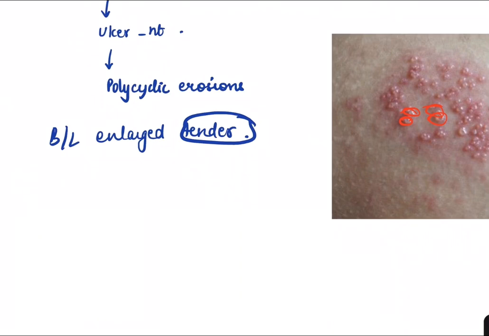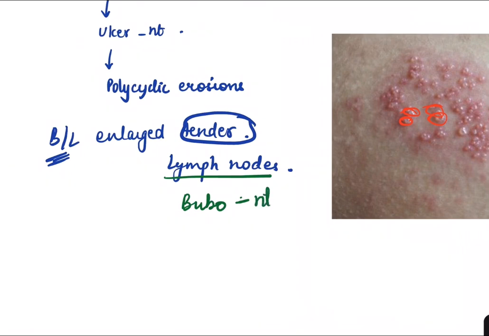These are bilateral, while the chancroid is unilateral. Please remember, bubo is seen in chancroid because there is lymph node involvement. Here also enlarged tender lymph nodes will be there, but it is bubo negative. Please remember, it is bubo negative, and it shows polycyclic erosions.